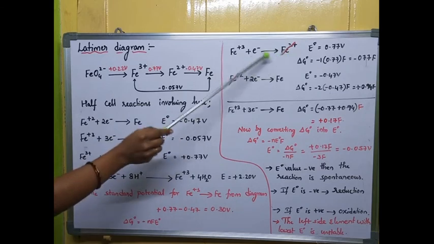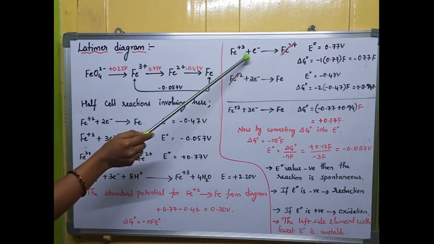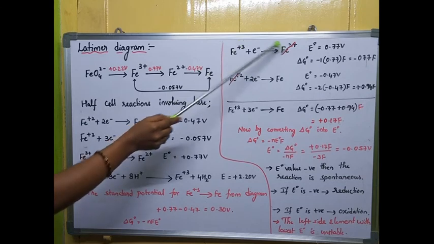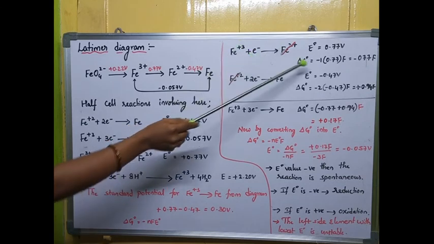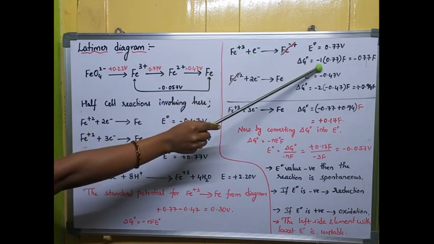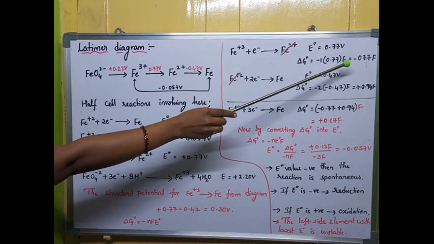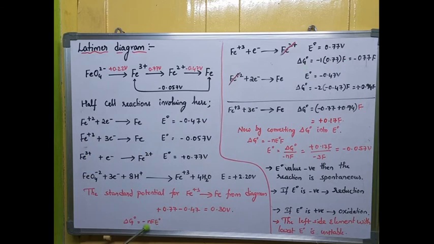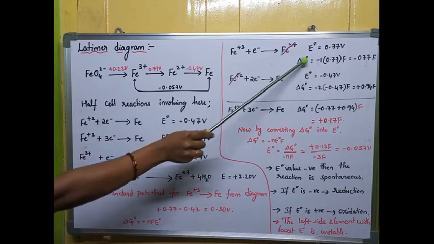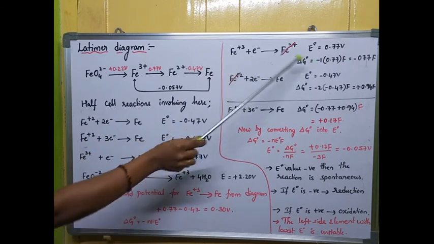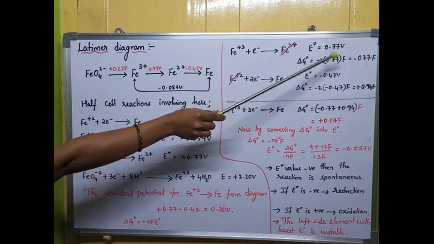This reaction involves a 1 electron change. So I am substituting into the formula: delta G0 equals minus 1 electron into 0.77 volts.